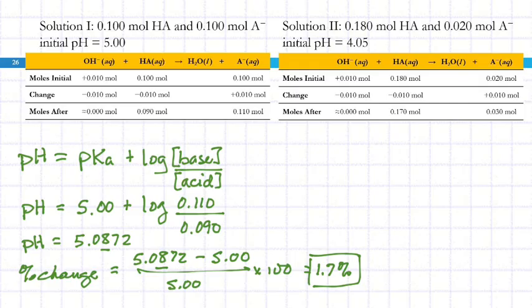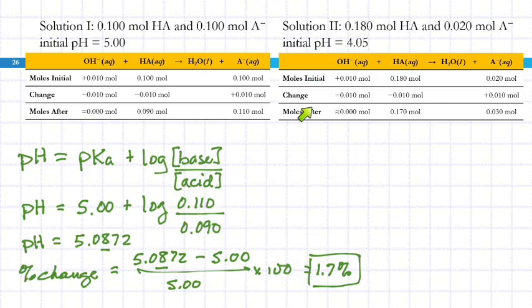So let's look at this other one. Here we've got 0.18 moles of HA and 0.2 moles of A minus. And again, we're adding 0.01 moles of hydroxide. The initial pH of this one is going to be a little different, even though it's the same acid, because the initial ratio of base to acid is a little different.